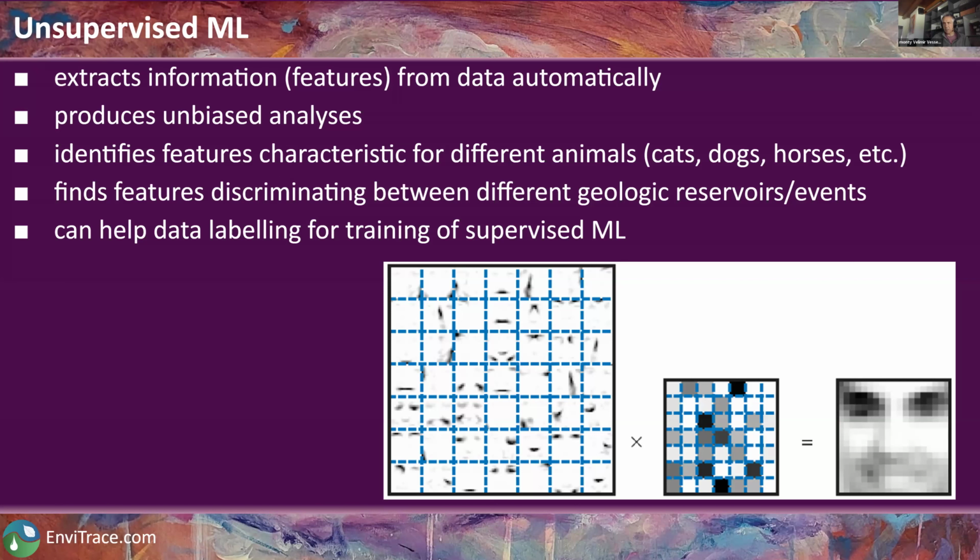On the left is the dictionary of the faces. So the algorithm identified 49, 7 by 7, 49 different features in the face, which are common for all people that were analyzed.